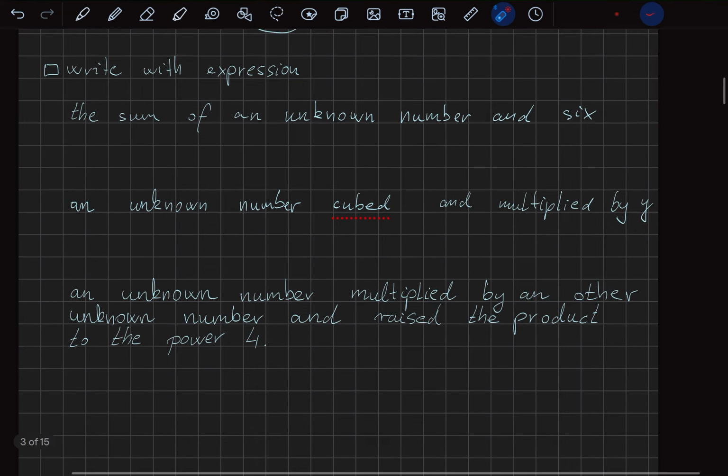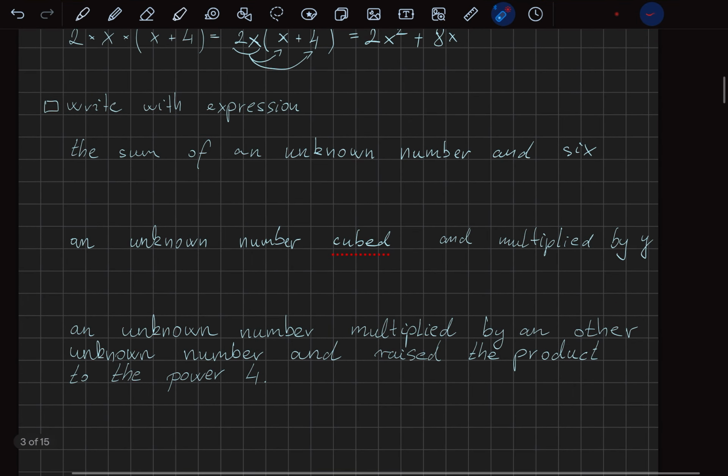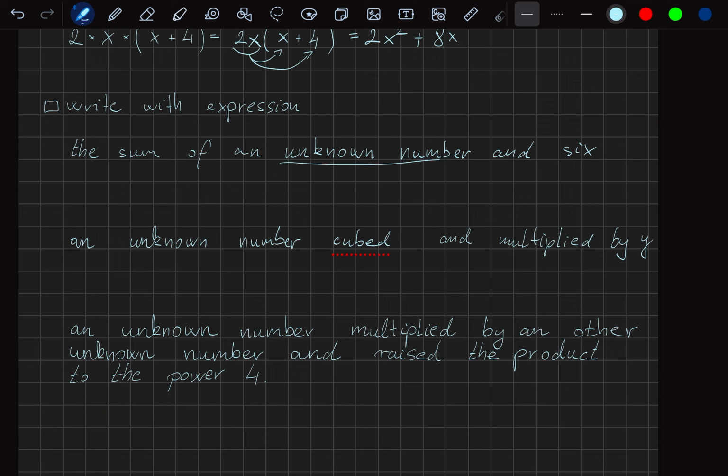Write with expression. This will be the final problem for today. The sum of an unknown number and 6. The unknown number, we just say, okay, then it's an unknown number, I will give a letter. Example, a plus 6.